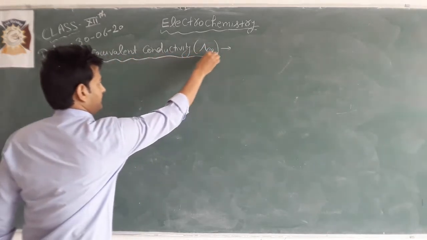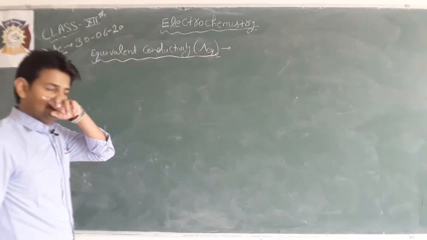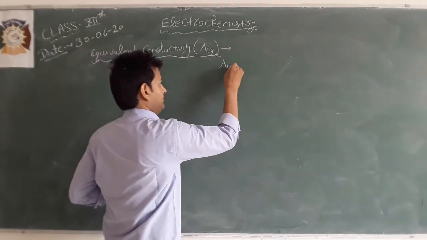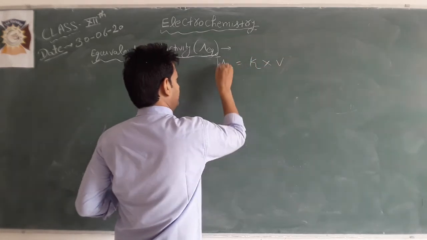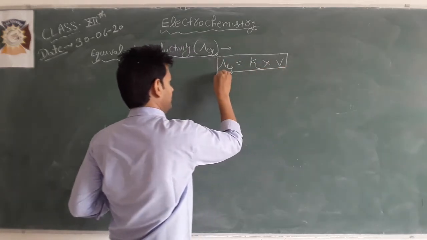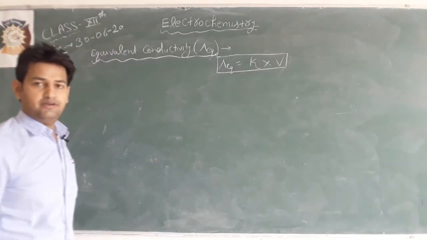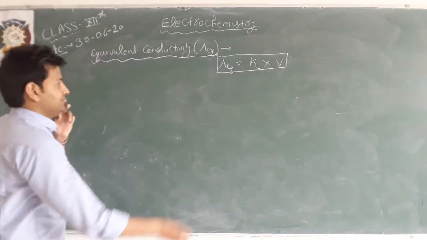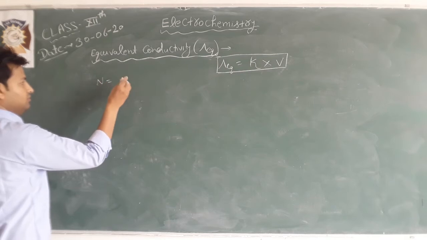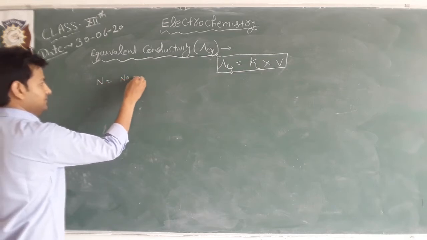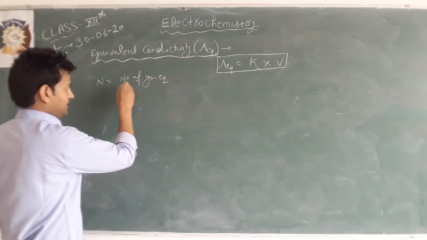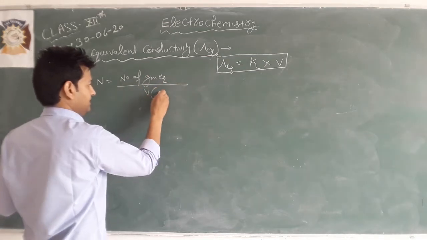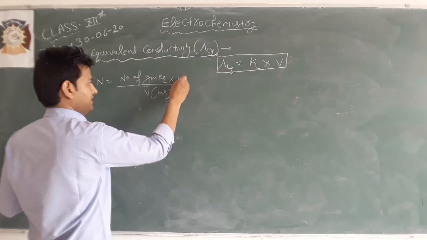What is equivalent conductivity? Equivalent conductivity is the product of specific conductivity and the volume of solution containing 1 gram equivalent. We know that normality is equal to the number of gram equivalent, when volume in ml, multiplied by 1000.